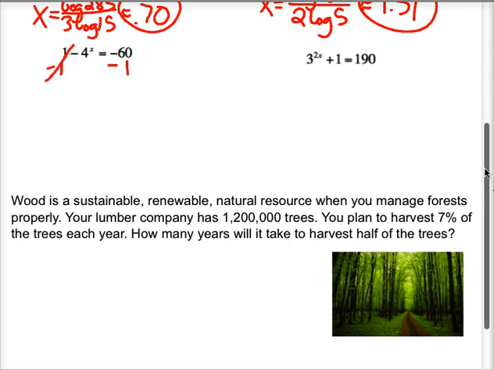Now here, be very careful when you're doing this. Subtracting off that 1 is not taking away that negative that's with my 4 to the x. All right, that negative stays. Has nothing to do with the fact that I'm subtracting 1. Negative 60 minus 1, again, be very careful, gives you a negative 61. Now you may be getting a little bit concerned because you know you can't take the logarithm of a negative number. We've already had that conversation.